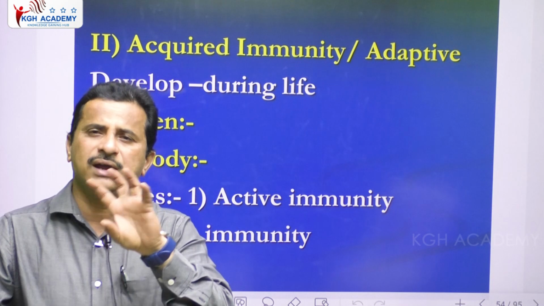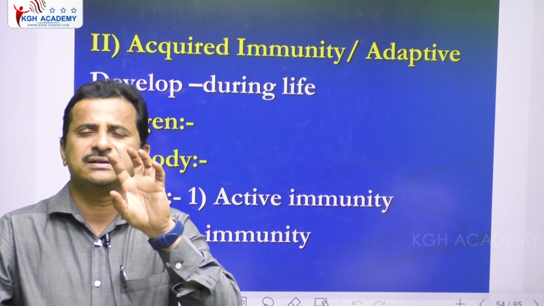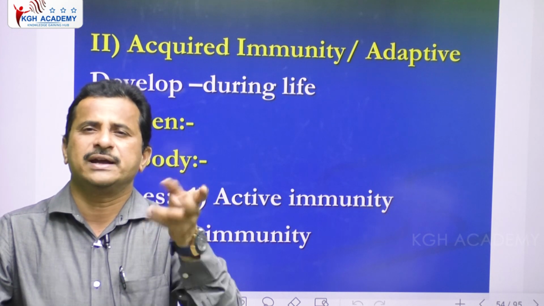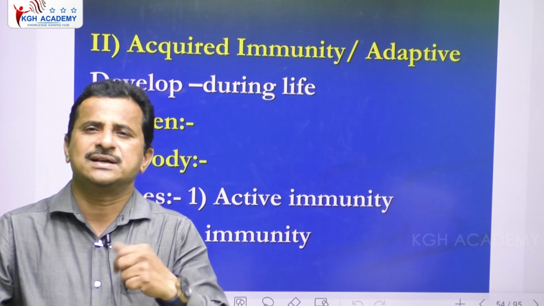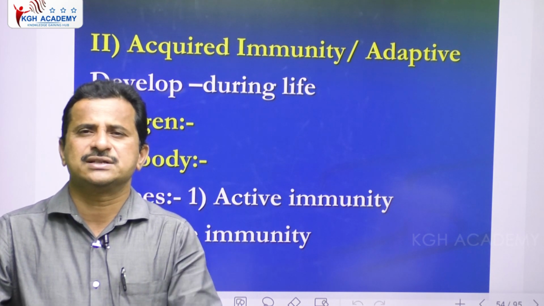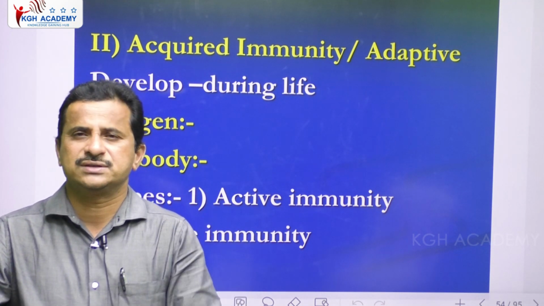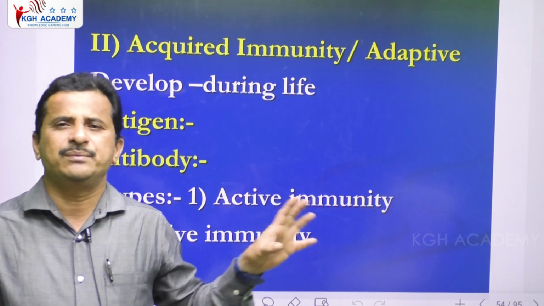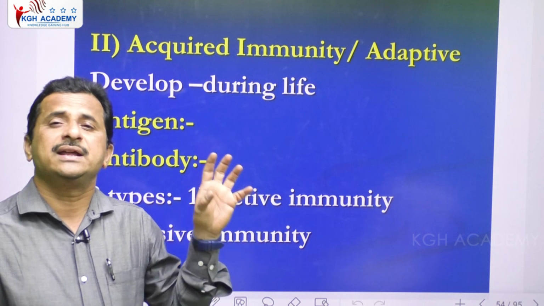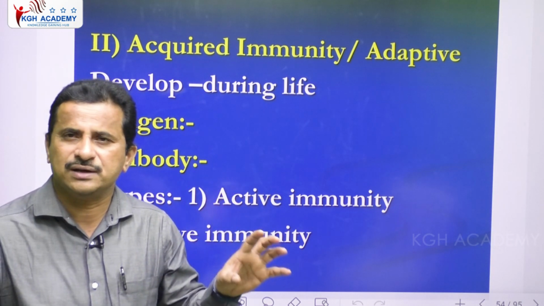So our body cleans these dangerous infection-related microorganisms. And sometimes, to reduce the effects of antigens and microorganisms, we take antibodies. So in acquired immunity, antigens and antibodies play an important role.